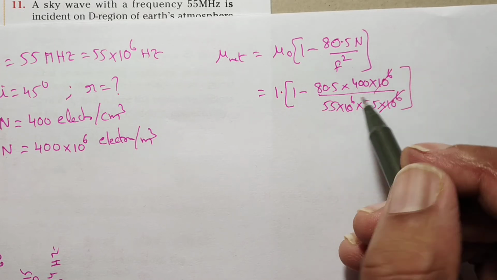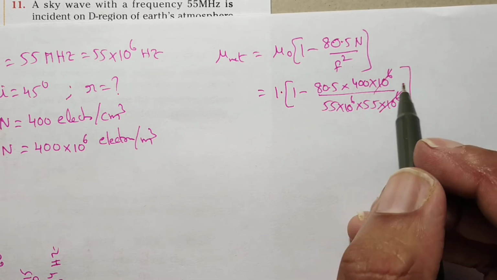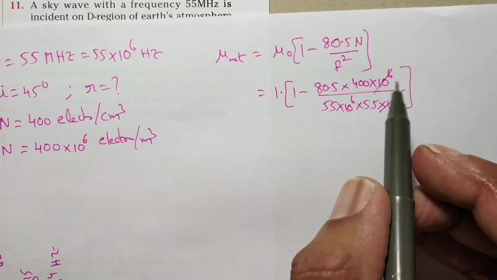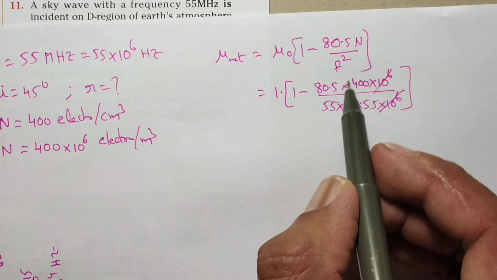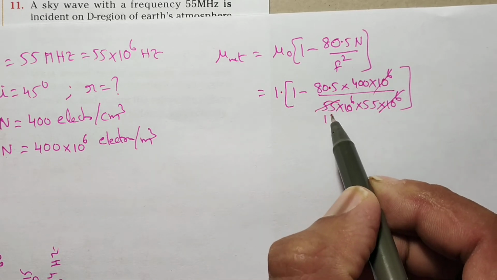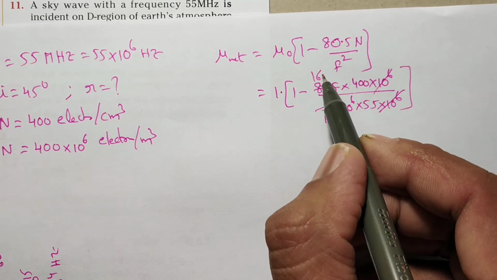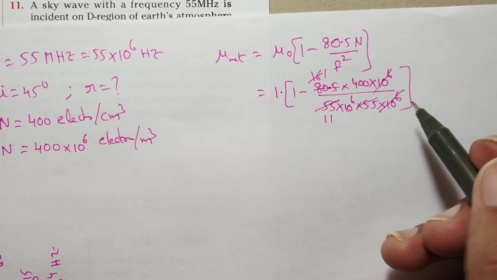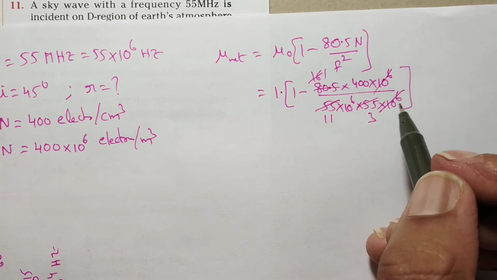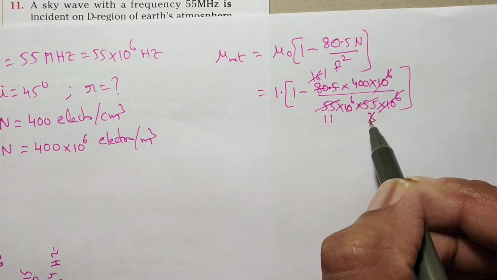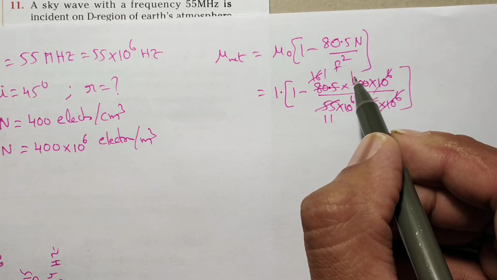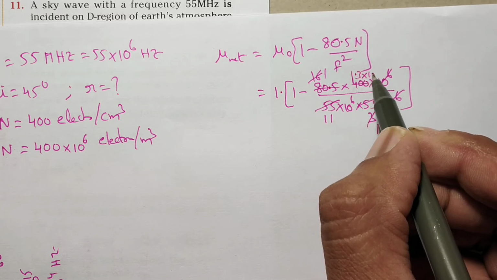The 10 to the power of 6 gets cancelled. Simplifying, we get 1.3 into 10 to the power of 2.